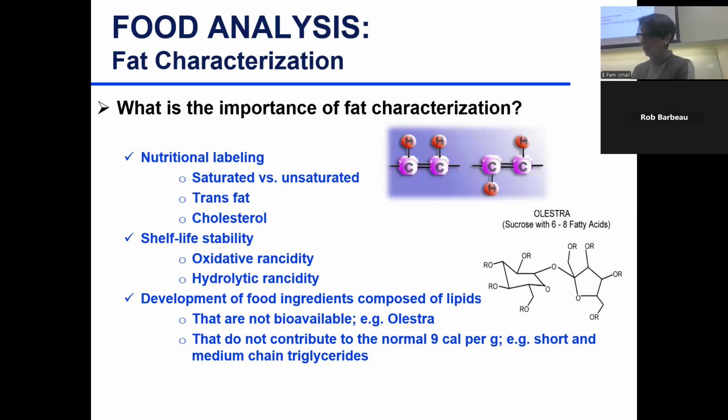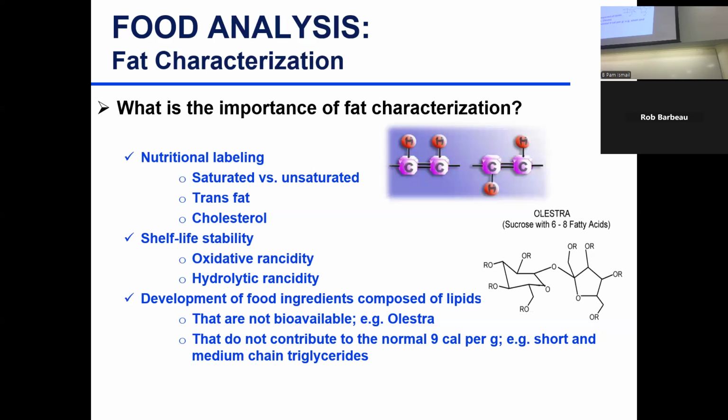Hydrolytic rancidity can occur if you have endogenous lipases, for example, when you're deep frying your potatoes. You love fried potatoes, but then you have this oil, and you're putting the potato in the oil, and the potato is high in what? In moisture. So the oil is your fat, and the potato is high in moisture.